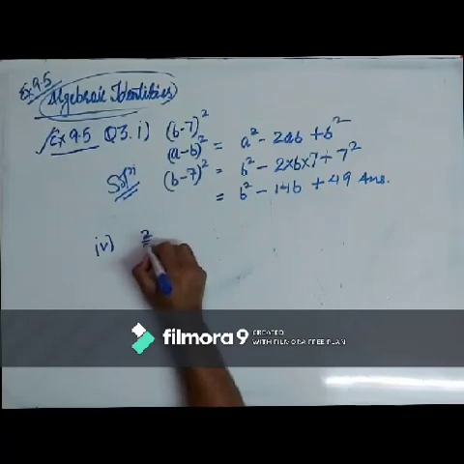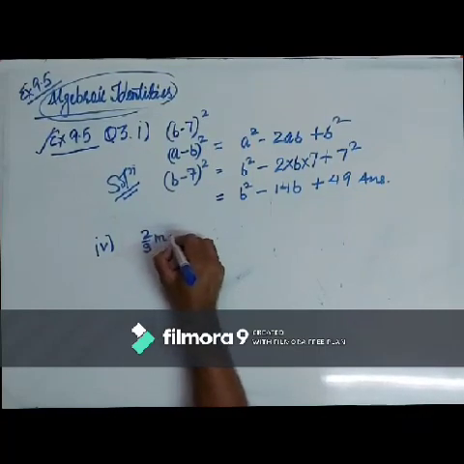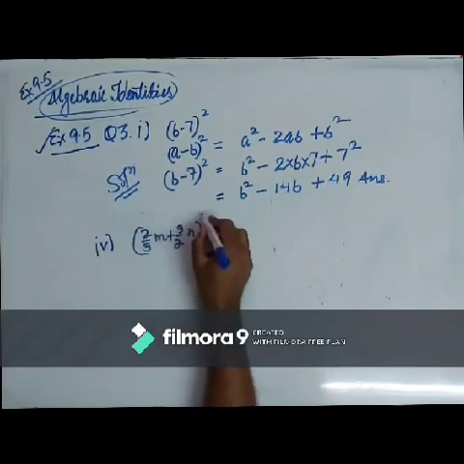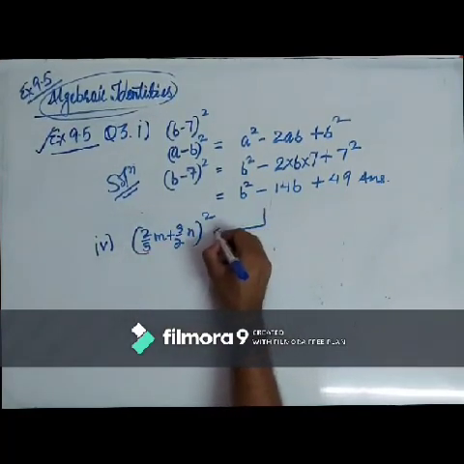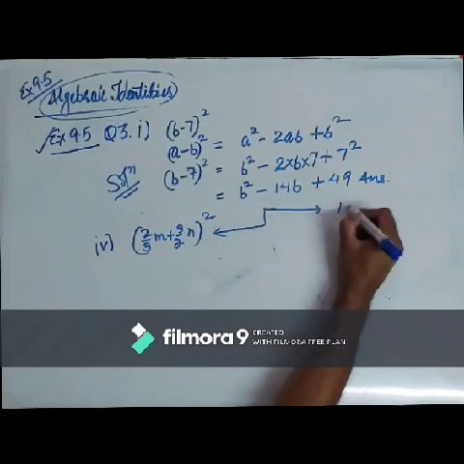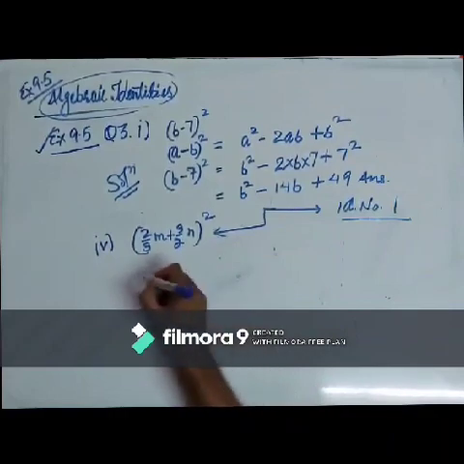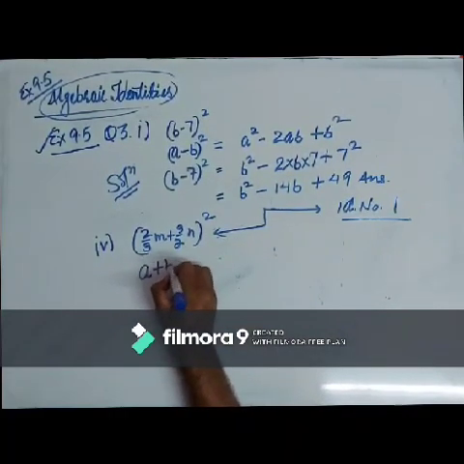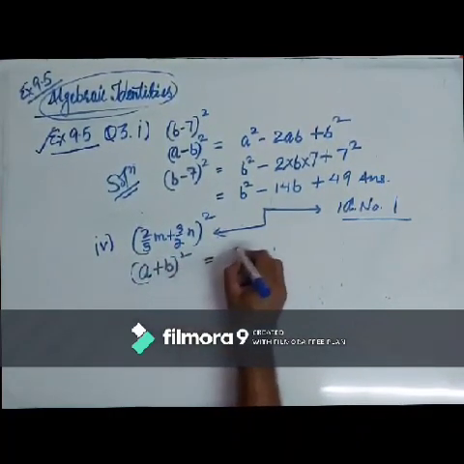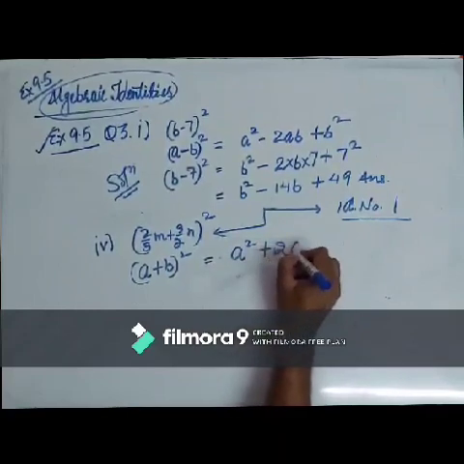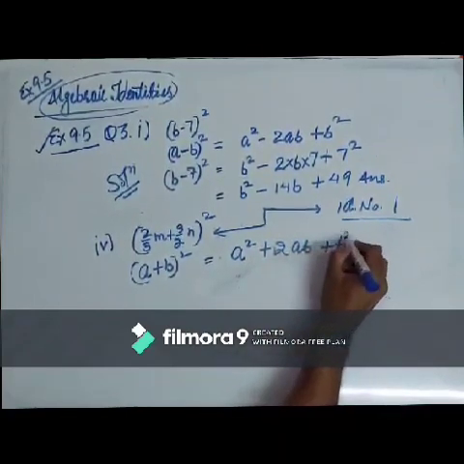2 by 3 m plus 3 by 2 n whole square. So this is basically resembling identity number 1. So identity number 1 says a plus b whole square is equal to a square plus 2ab plus b square.